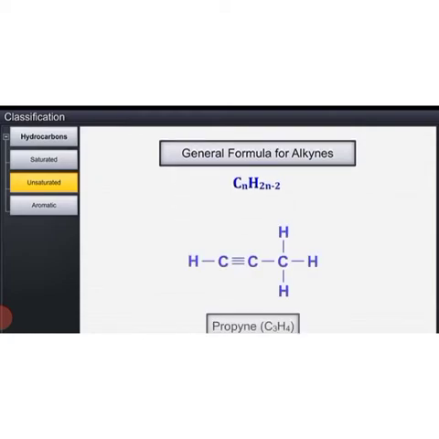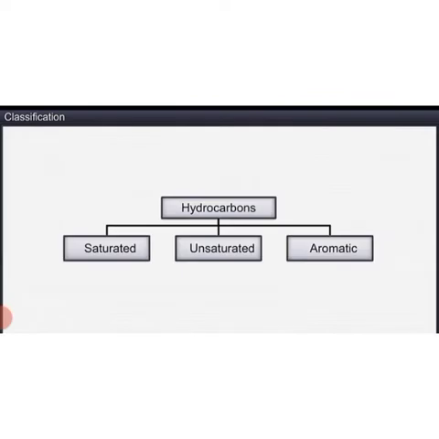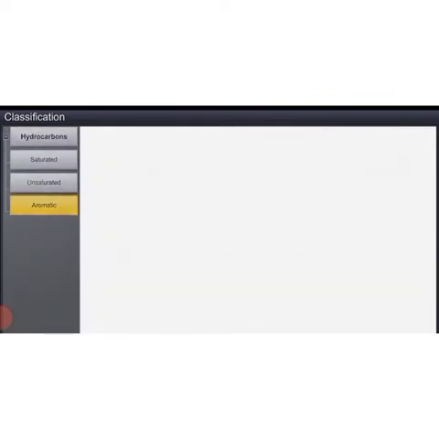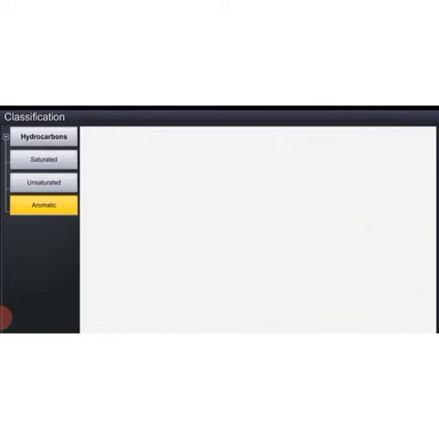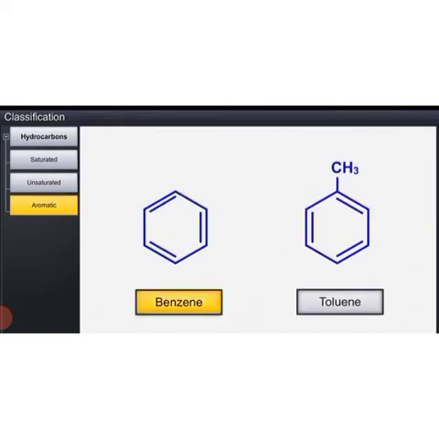For example, propyne. Aromatic hydrocarbons are cyclic hydrocarbons with alternate double bonds in conjugation. Aromatic compounds are benzene and the compounds that resemble benzene in their chemical behavior. For example, benzene, toluene, etc.